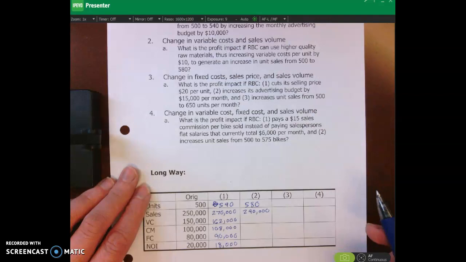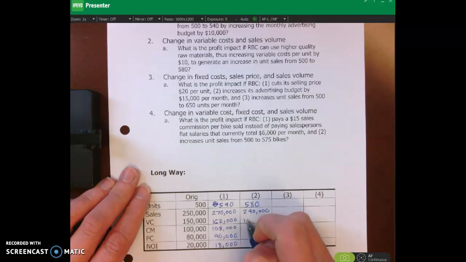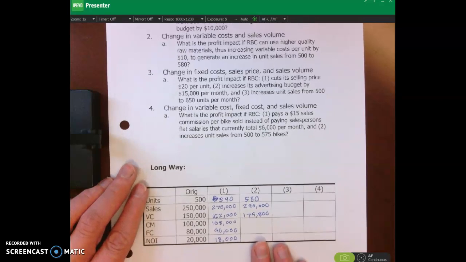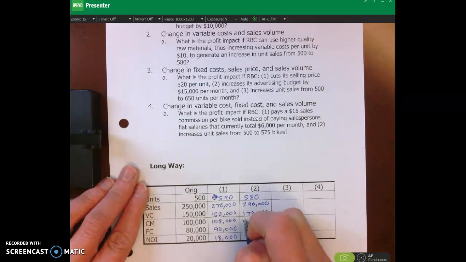So now it becomes 310, right? 310 per unit, variable expenses per unit, times the 580 gives us 179,800. Now I can subtract those two. That gives me 110,200.